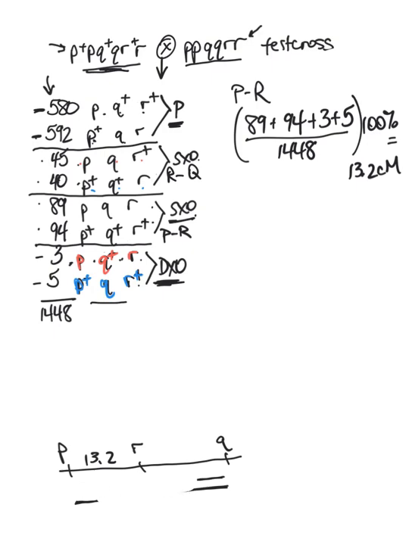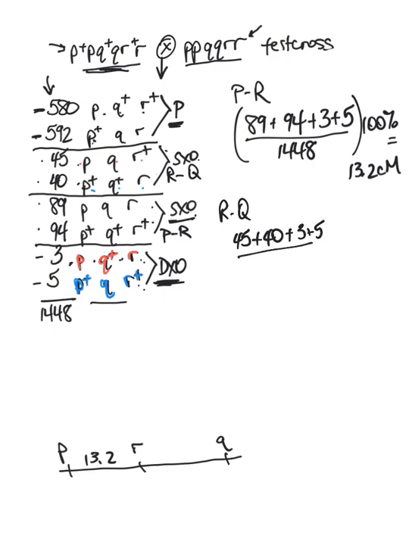Now, my next distance that I need to figure out is between R and Q. Again, I'm adding up all of the recombination events that happen between R and Q. These two single crossovers, 45 and 40, have a crossing over event between R and Q, but my double crossovers also have a crossing over event between R and Q, so I need to add them in again.